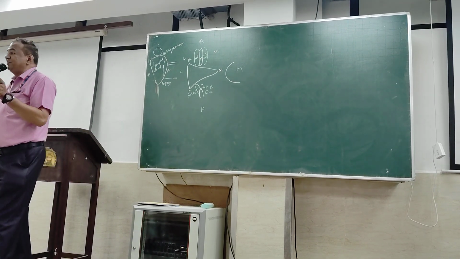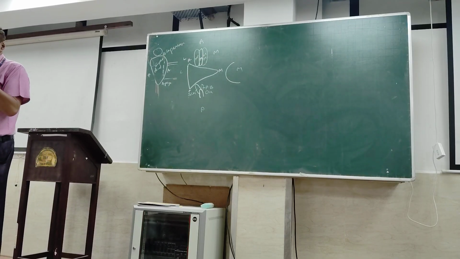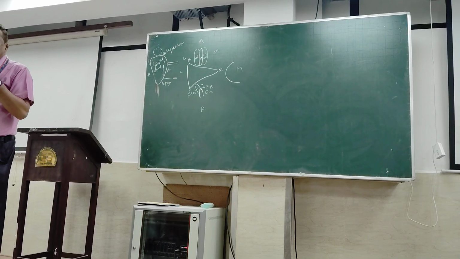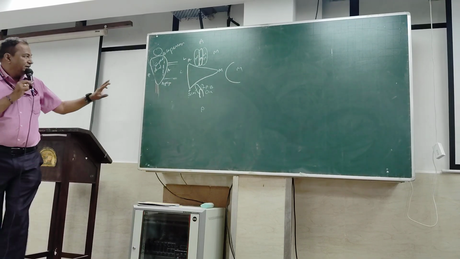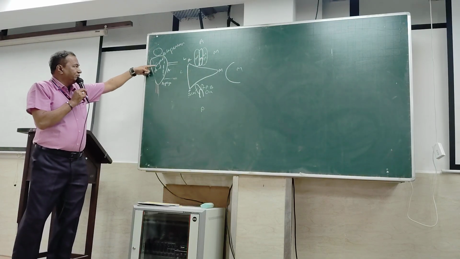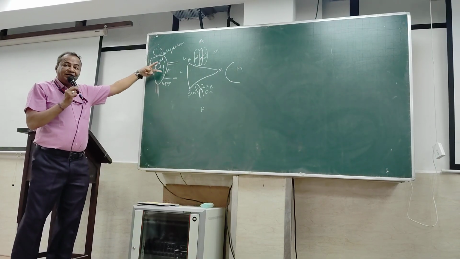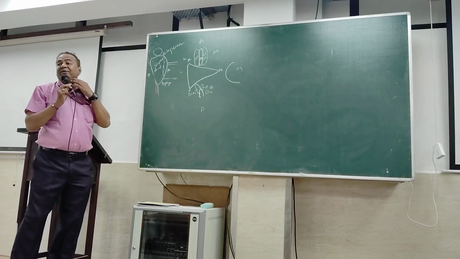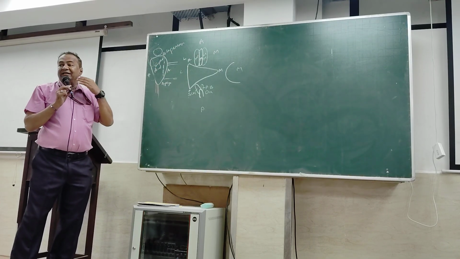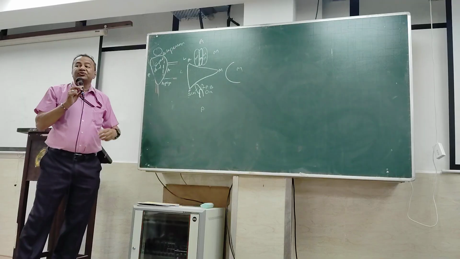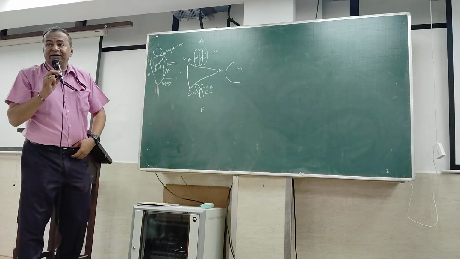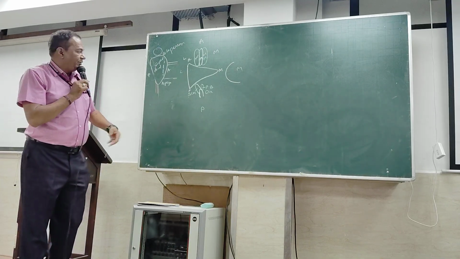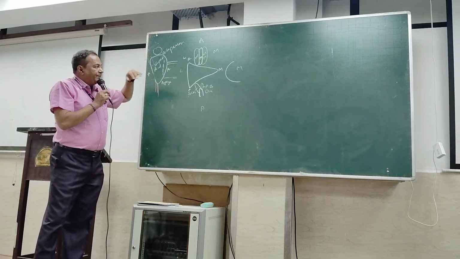Rather, investing layer splits to enclose this gland. On the inner side, it separates it from submandibular gland, which is here, and that becomes so thick that it is called stylomandibular ligament. So stylomandibular ligament will be there on the inner side.